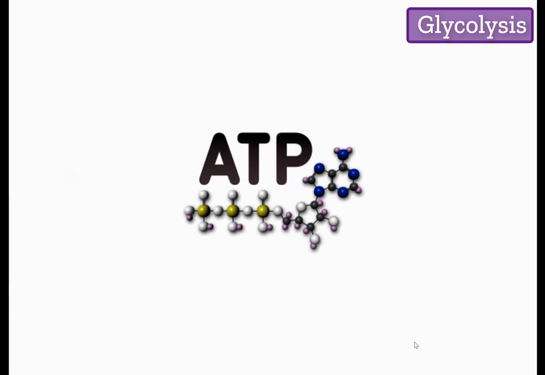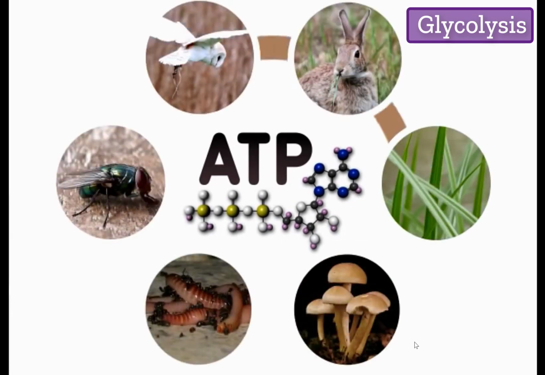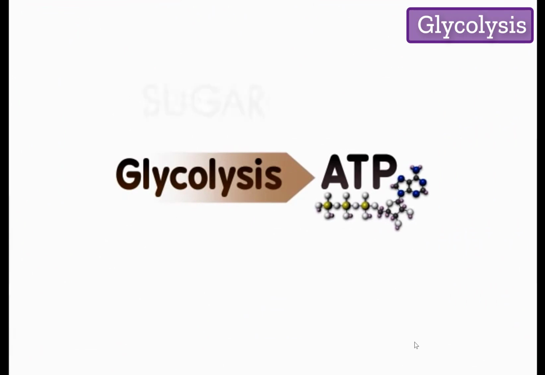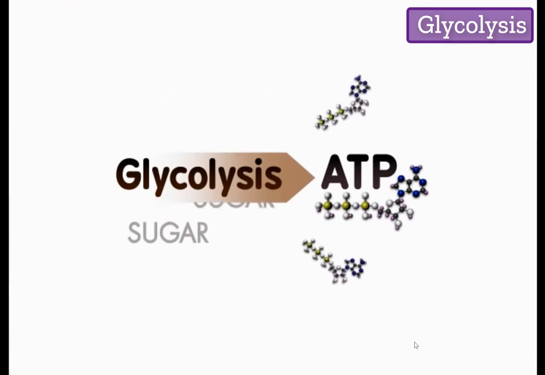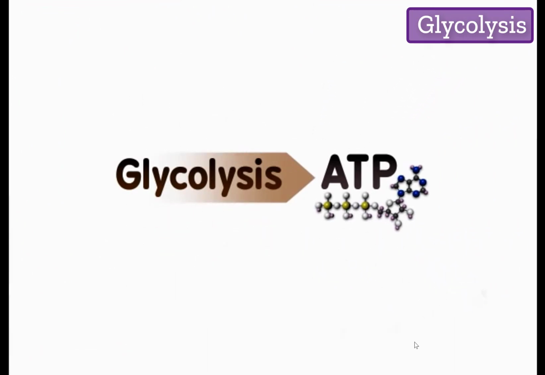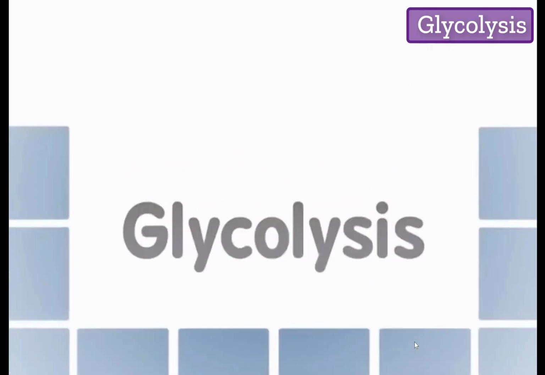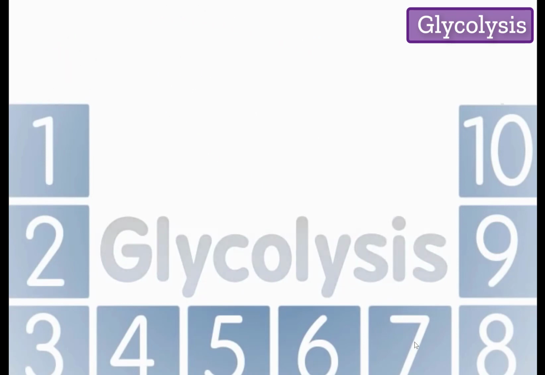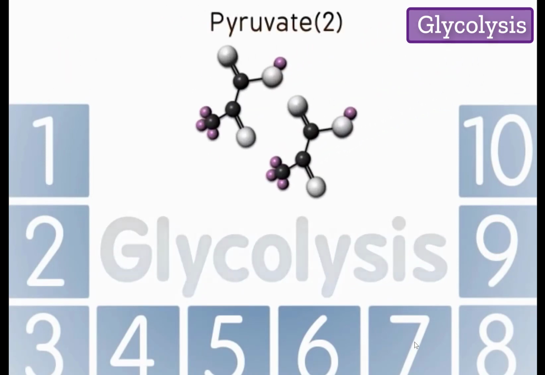ATP is the key energy molecule for all biological organisms. One source of ATP is glycolysis, a series of reactions that break down sugars while producing ATP. Glycolysis is a series of 10 reactions that converts sugars, like glucose, into 3 carbon molecules called pyruvate.